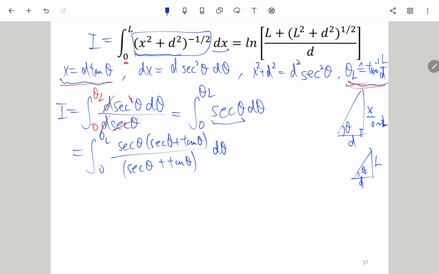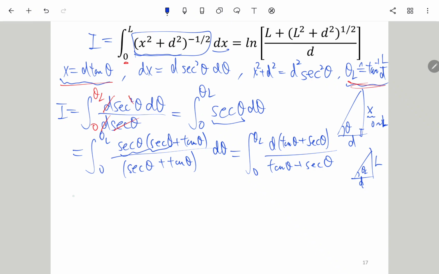But in this way, the secant theta tangent square theta d theta will become d tangent theta, and then secant theta tangent theta d theta will become d secant theta. So we can write it like this.